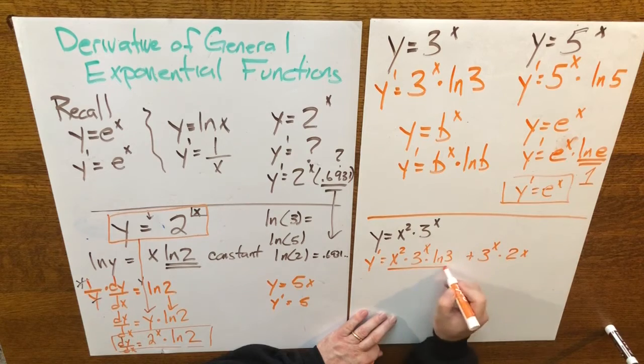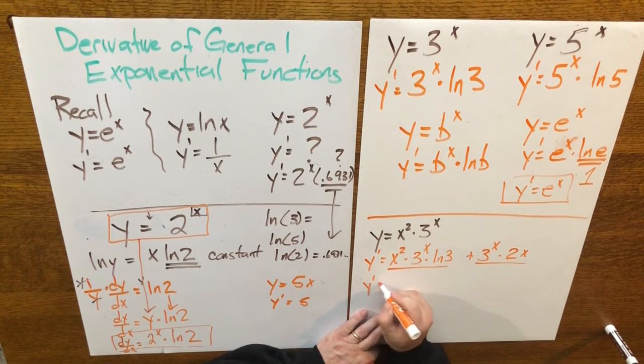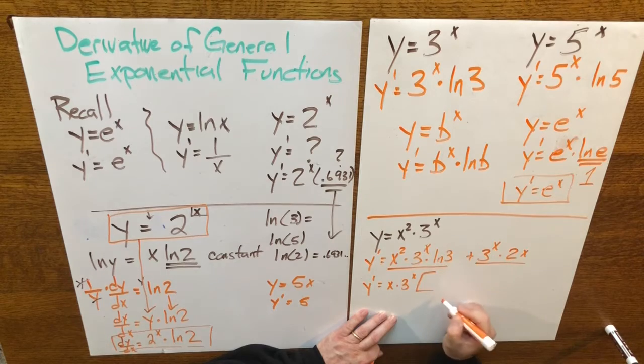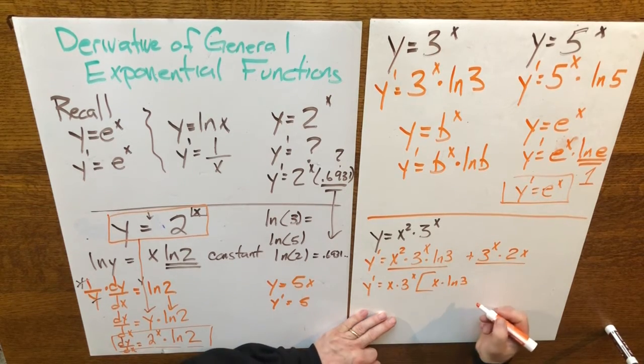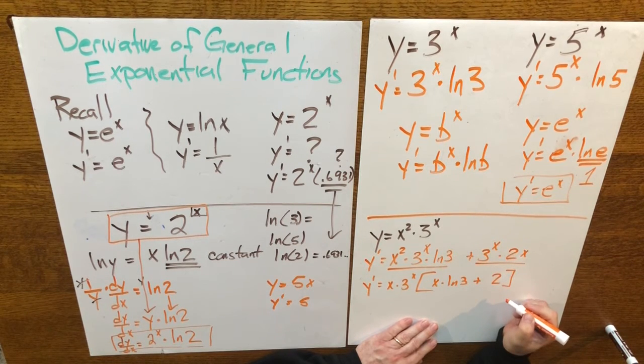So let's look through this one and see what we can see as a common factor. Y prime equals, I can take an x out, and I can take a 3 to the x out. Taking that out of the first expression, you would get x times ln 3, and I usually write it like that. You could write ln 3 times x if you wanted to, plus 2. So there's an example of a product rule.